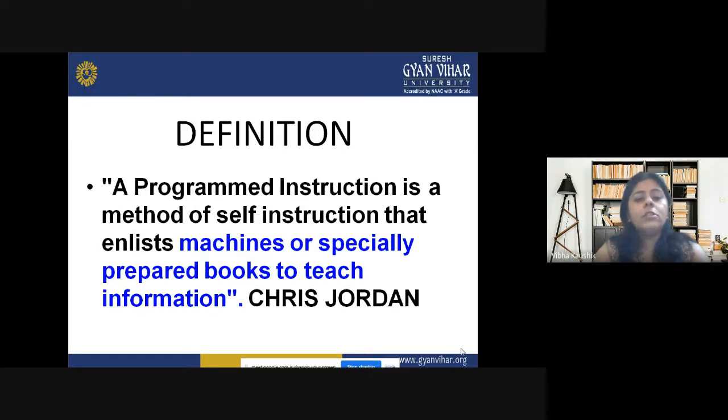Now, definition. A programmed instruction is a method of self-instruction. It means programmed instruction is a way of giving self-instruction that enlists machines or specially prepared books to teach information. This definition was shared by Charles Jordan.